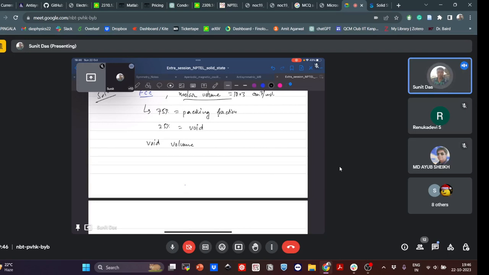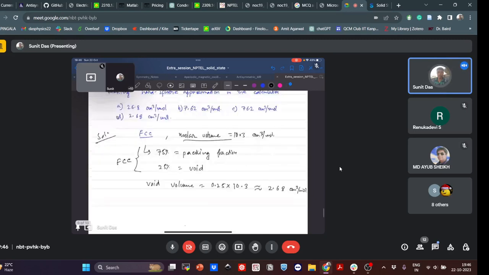So this is only true for FCC, by the way, right? So void volume equal to 25% means 0.25 into the molar volume 10.3, which will be around 2.68 cm cube per mole. Okay, so option D is correct.